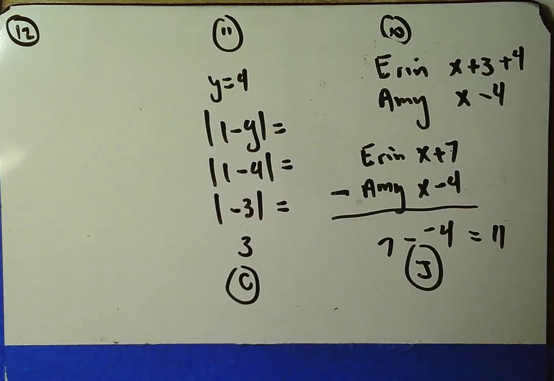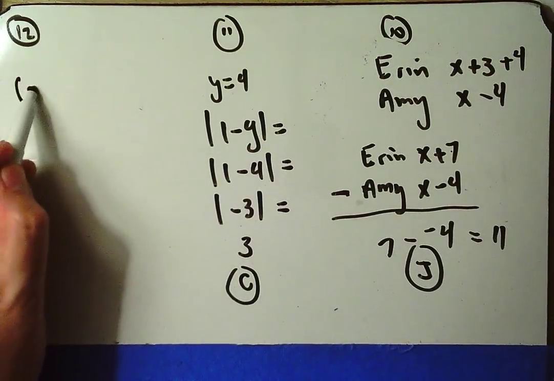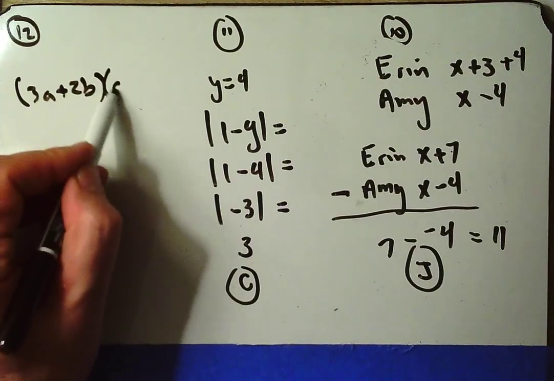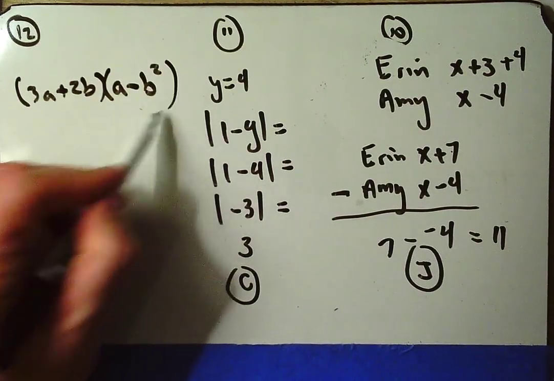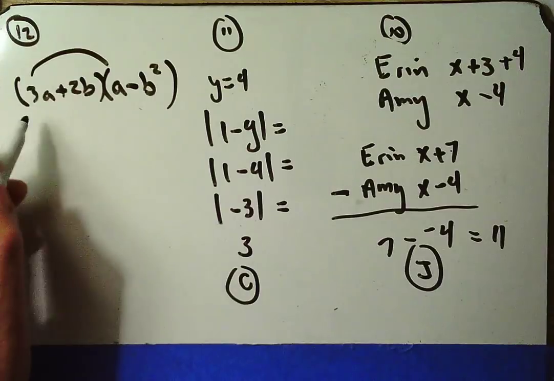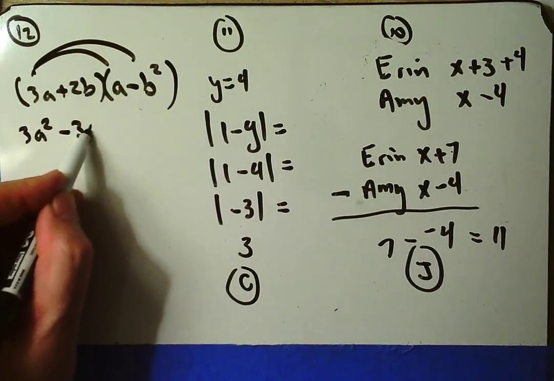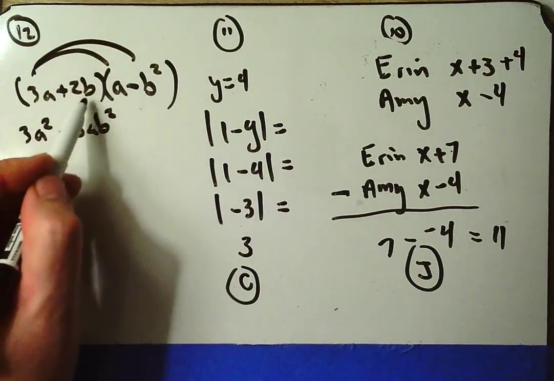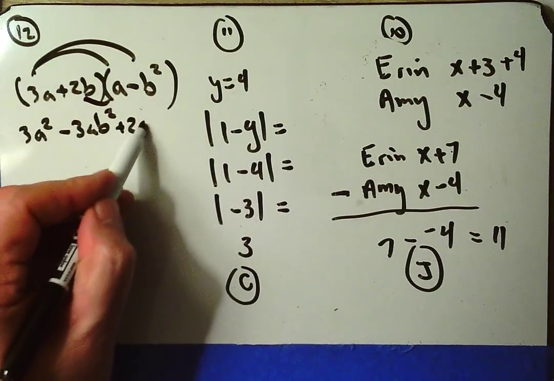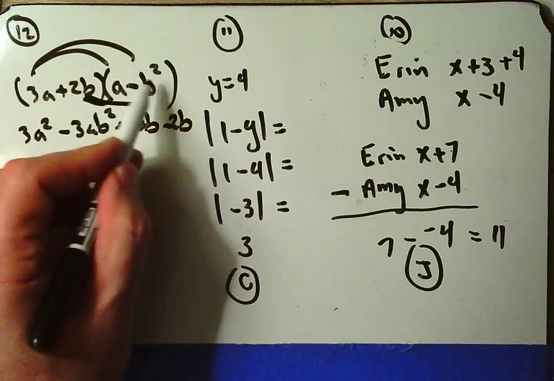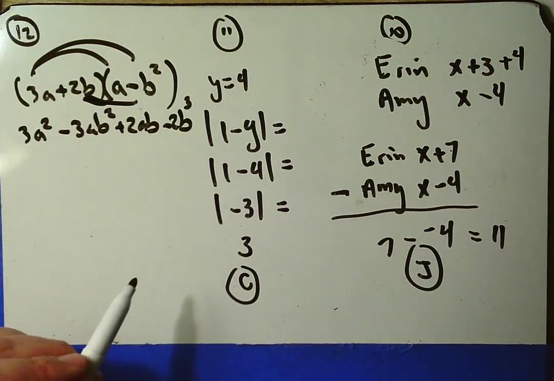Okay, 12. Which of these is equivalent? Well, I've got 3a plus 2b, and I've got a minus b squared. Well, this is a foiling problem. 3a squared minus 3ab squared plus 2ab minus 2b times b squared is b to the third.